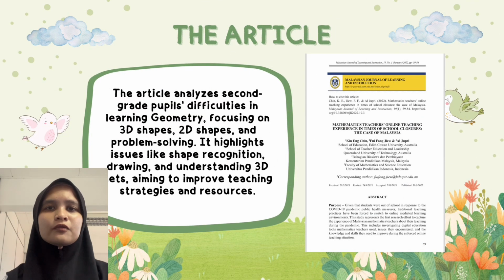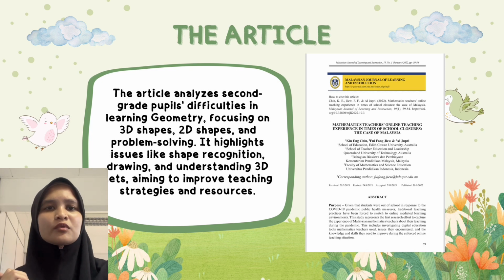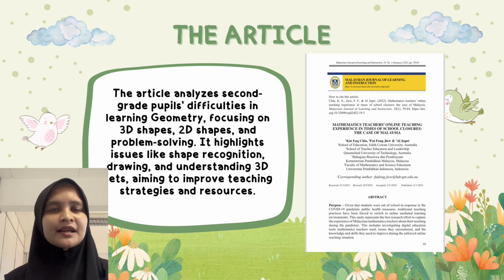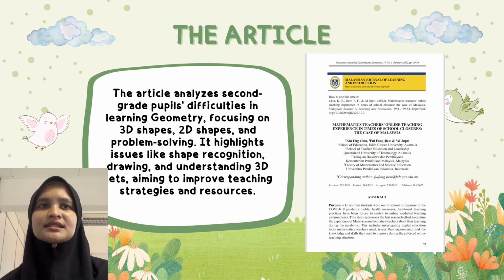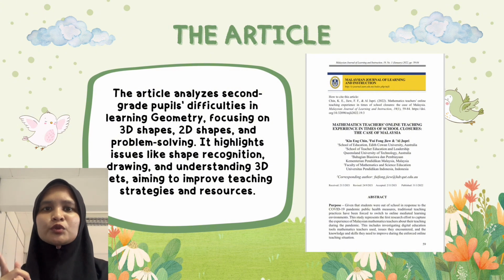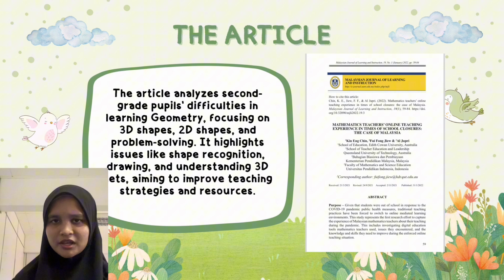So the article focuses on analyzing the weaknesses faced by second grade primary school pupils in learning geometry. It particularly examines their difficulties in understanding 3D shapes, 2D shapes, and problem solving as specified in the Malaysian Mathematics Standard-Based Curriculum.